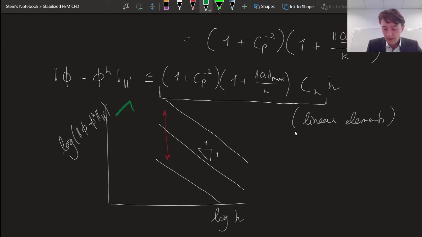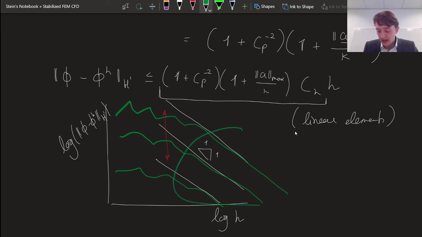We might have something like that. Or similarly, something like this, or something like that. And this is what we then call the asymptotic range.